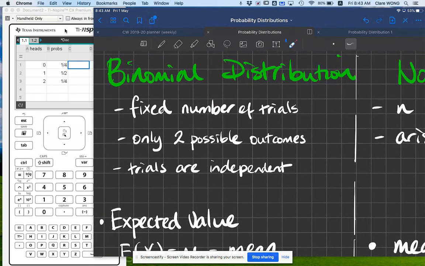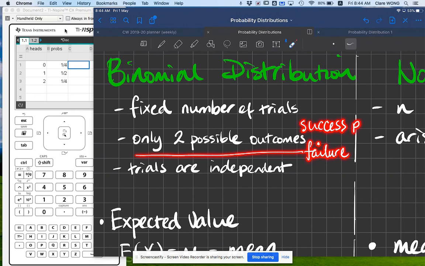Binomial distribution is about you're dealing with a fixed number of trials, and we call it n, fixed number. Only two possible outcomes, so either success or failure. And the parameter that we use for it is p.